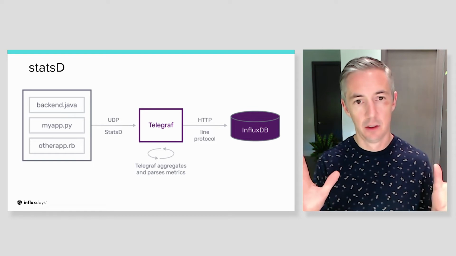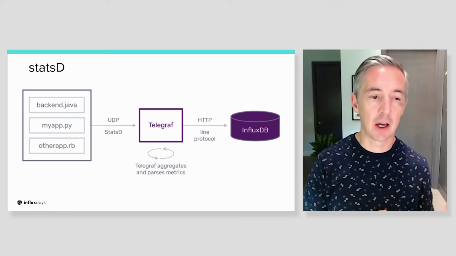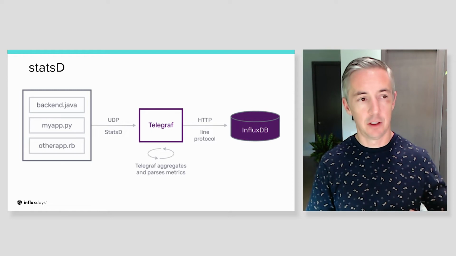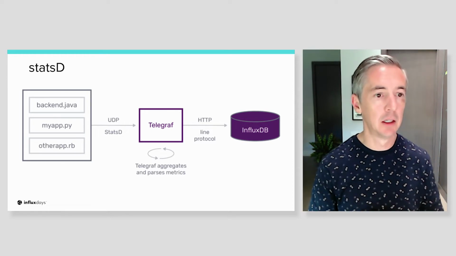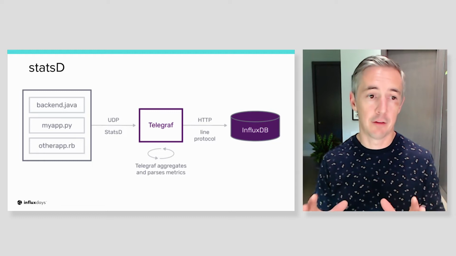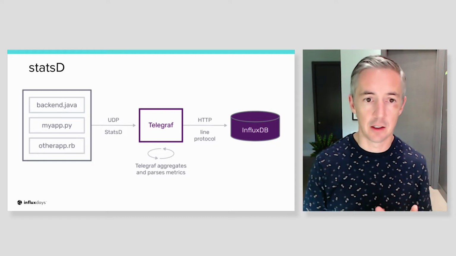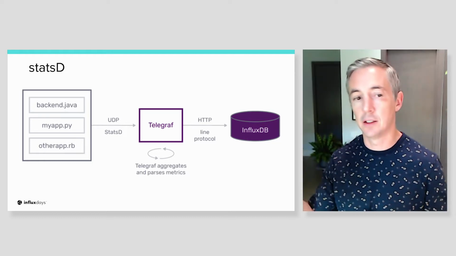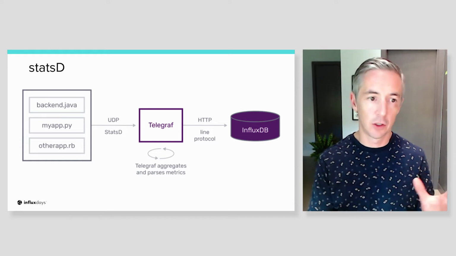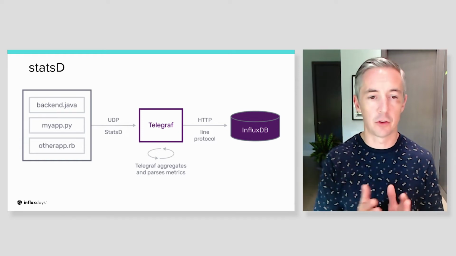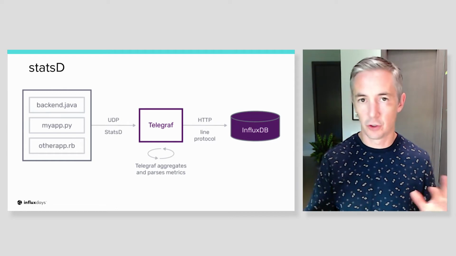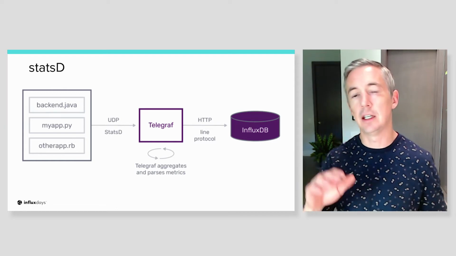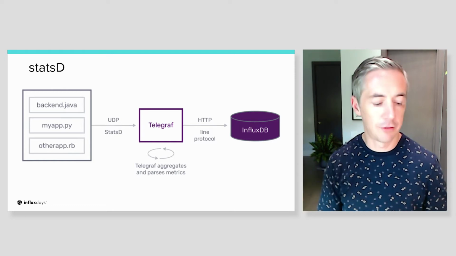Now, in my slide here, what I actually have is applications transmitting the StatsD protocol over UDP to a Telegraf agent. Telegraf is the data collector that we created to write data into InfluxDB. What Telegraf is doing is aggregating those metrics and then writing them into InfluxDB here. But in the traditional setting, you'd have StatsD writing into Graphite.